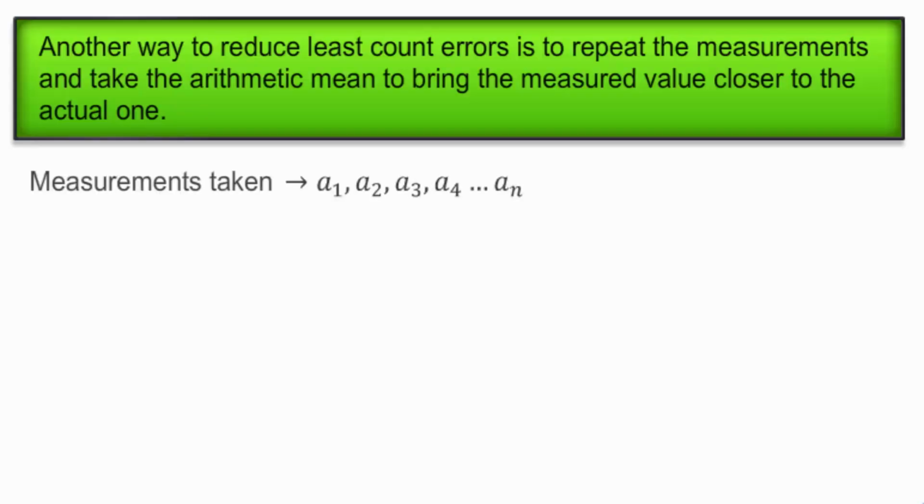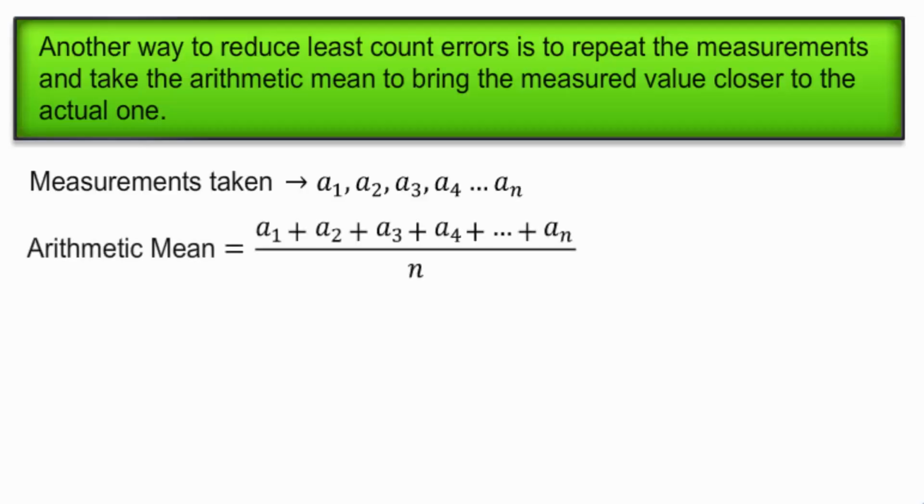If n measurements are taken, say A1, A2, A3, A4, and so on till An, then the final value will be taken as the arithmetic mean of these n measurements.